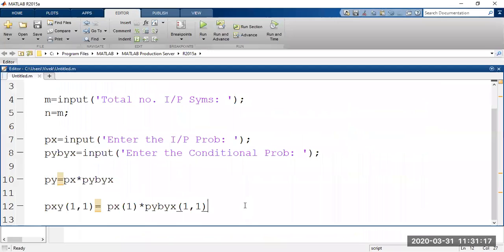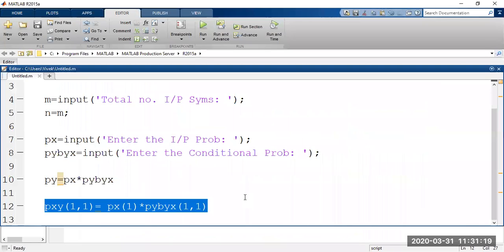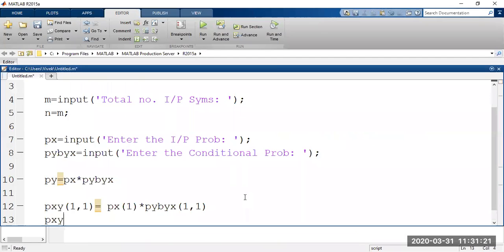I'll implement this using the same formula, that is P of xy. Now this is first row second column element of the joint probability matrix, but P of x1 is same, then multiply with the P of y by x, and my element is first row second column.